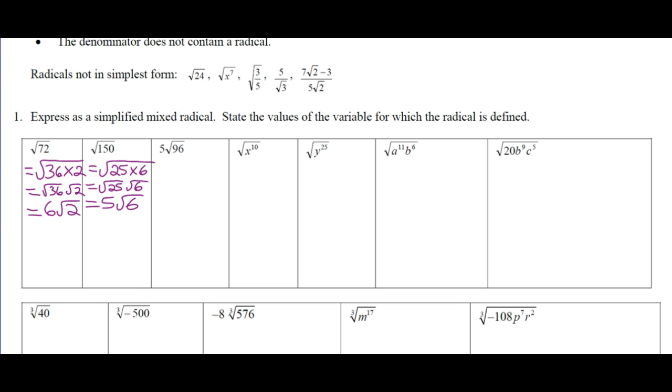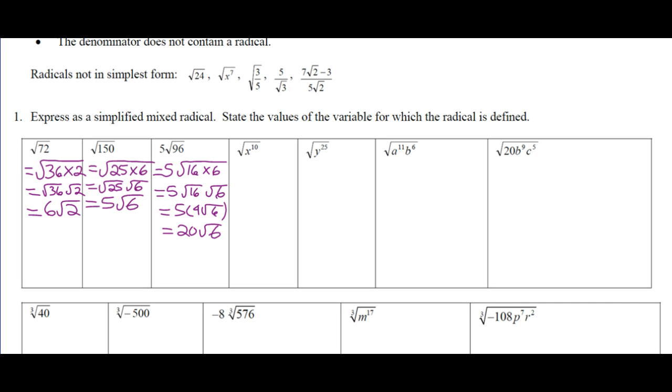If you divide by 4 and get 24, look at 24 and notice it's also divisible by 4. Or if 96 is divisible by 4, is it divisible by 16? The answer is yes. So this is equal to 5 times root of 16 times 6, which is 5 times root 16 root 6, which is 5 times 4 root 6, which is 20 root 6.